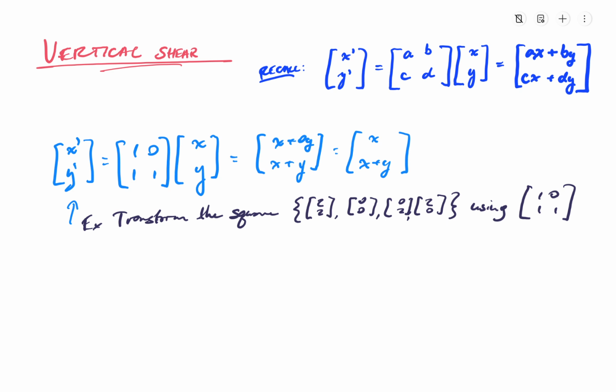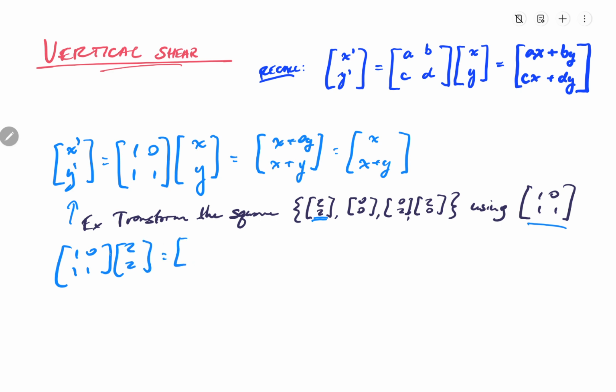So let's look at our point 2, 2 first. We're going to transform using this matrix. So we have 1, 0, 1, 1 times 2, 2.